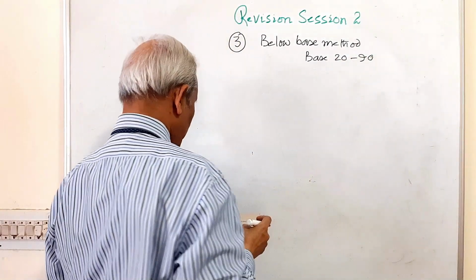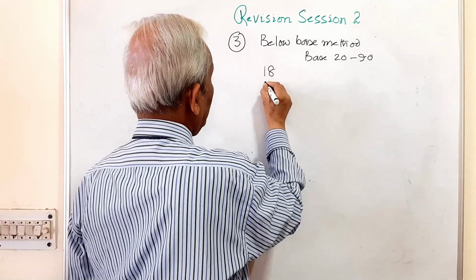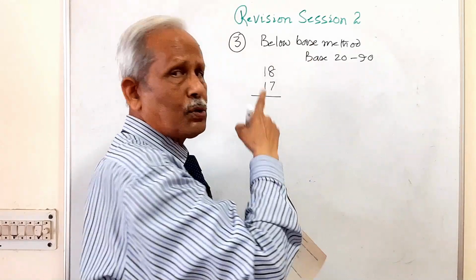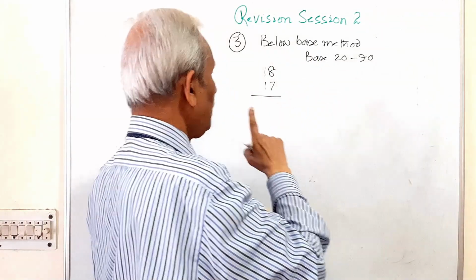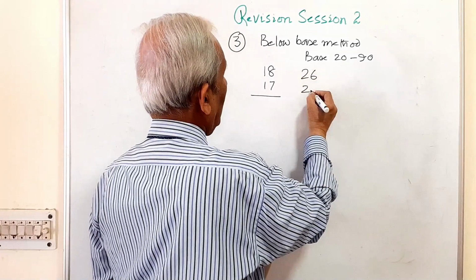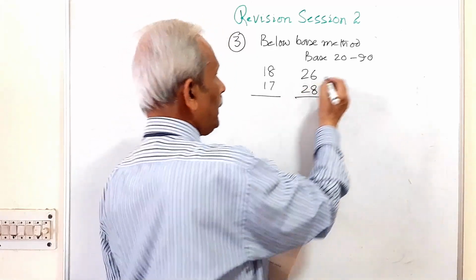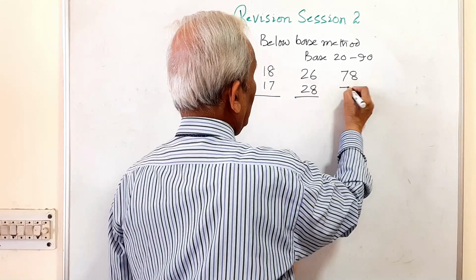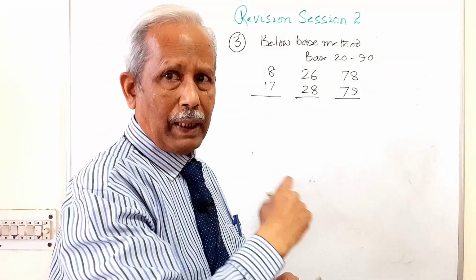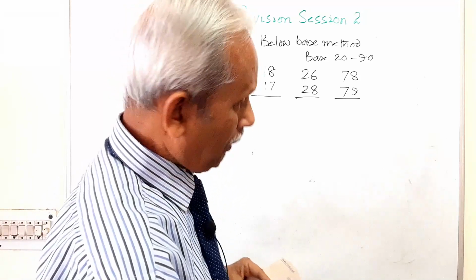Anything from 20 to 90. So I give you 3 questions here to try. 18 into 17. Just follow this method, where the base is 20 to 90, whatever is applicable here. And then 26 into 28, and then the third one is 78 into 79. Try these 3 questions yourself, give a pause, write it, try it yourself, then come back. So I hope by now you have completed it.